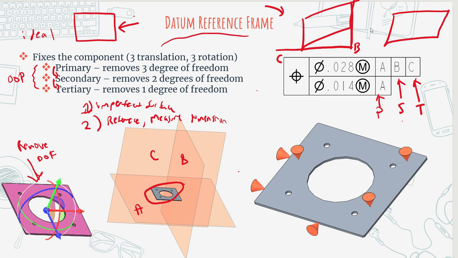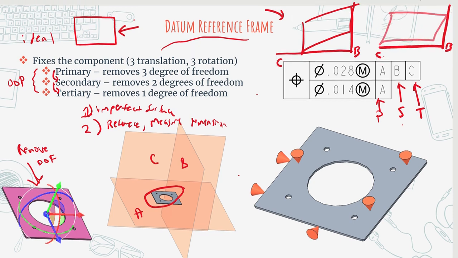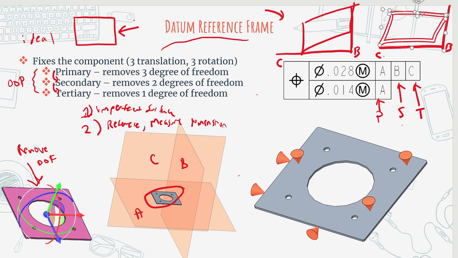So now let's say that I have this guy, and once again I have my C, and once again I have my B datums. But now let's say that I orient it to C first, and then I orient it to B. So remember, this is a very exaggerated plate.